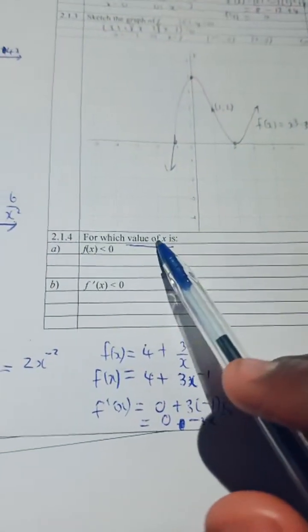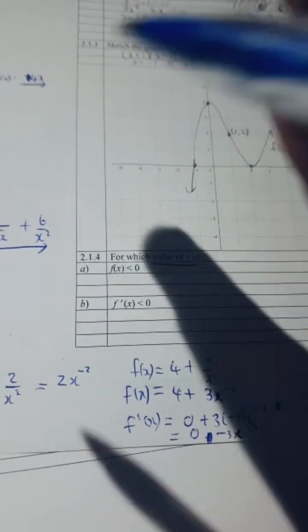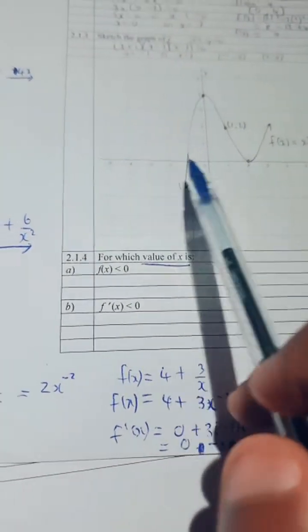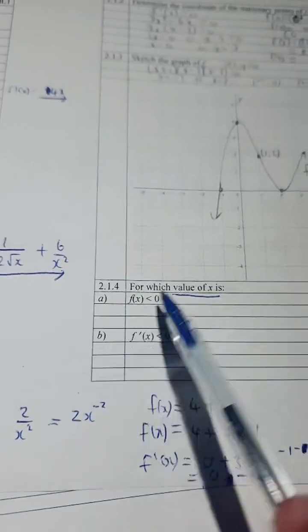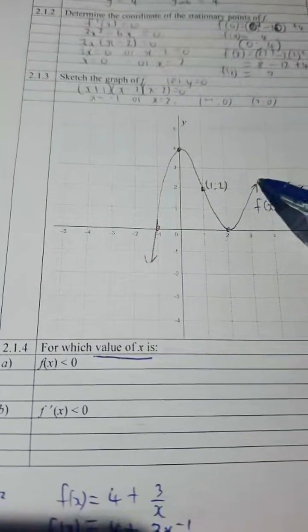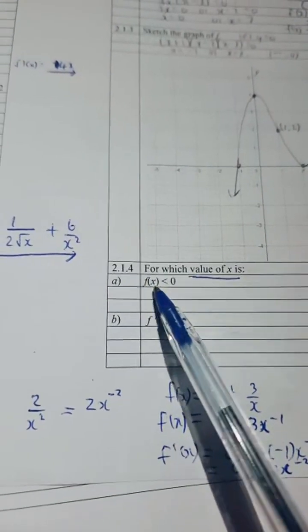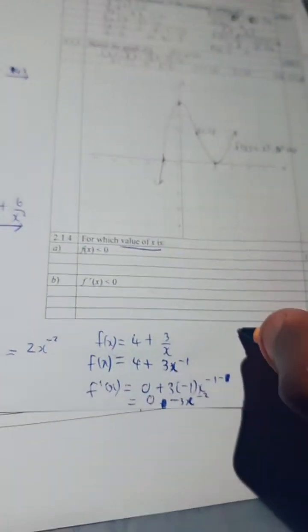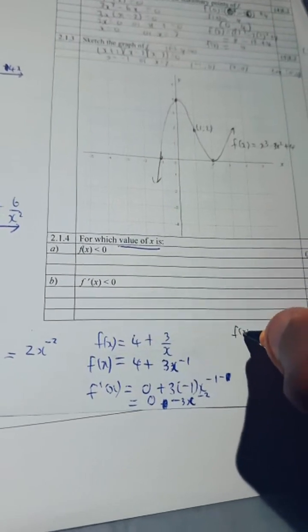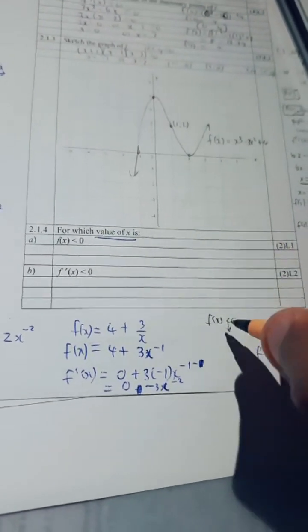They want you to identify, in actual fact, the interval, you know. So from left to right, they want you to show the value of x where f, what is f? F is this cubic function that we've just sketched. We need to show where this cubic function, right, is less than 0. Now, where f of x is less than 0. What does less than 0 mean?